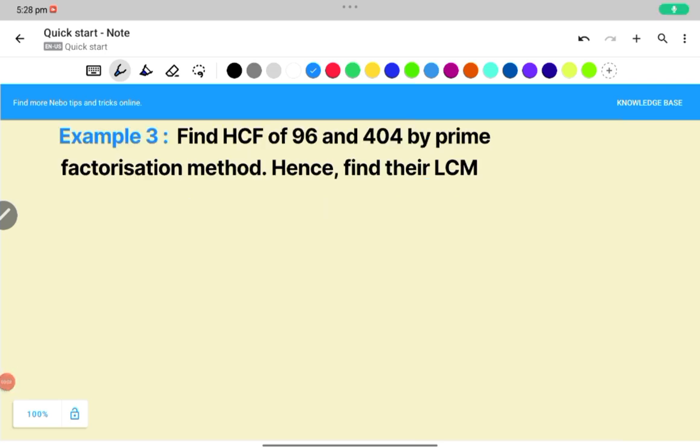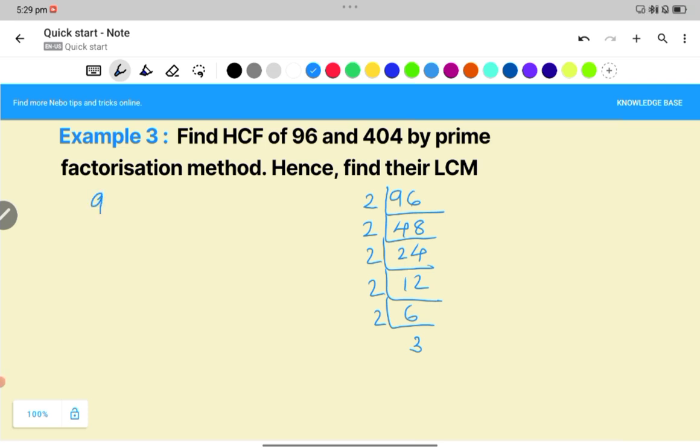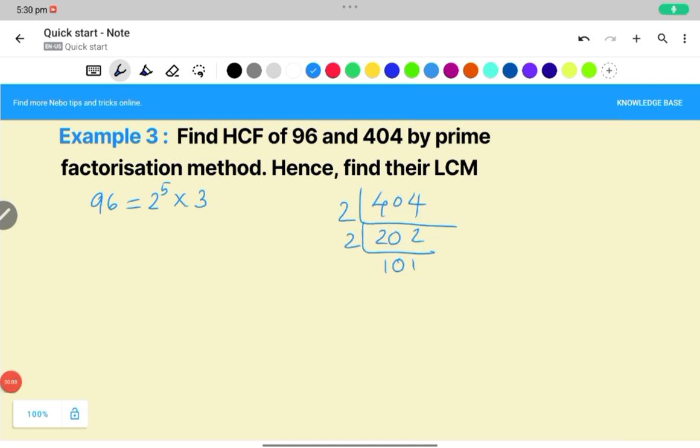Example 3. Find HCF of 96 and 404 by prime factorization method. Hence, find their LCM. Prime factorization of 96 is equal to 2 power 5 into 3. Prime factorization of 404 is equal to 2 square into 101.